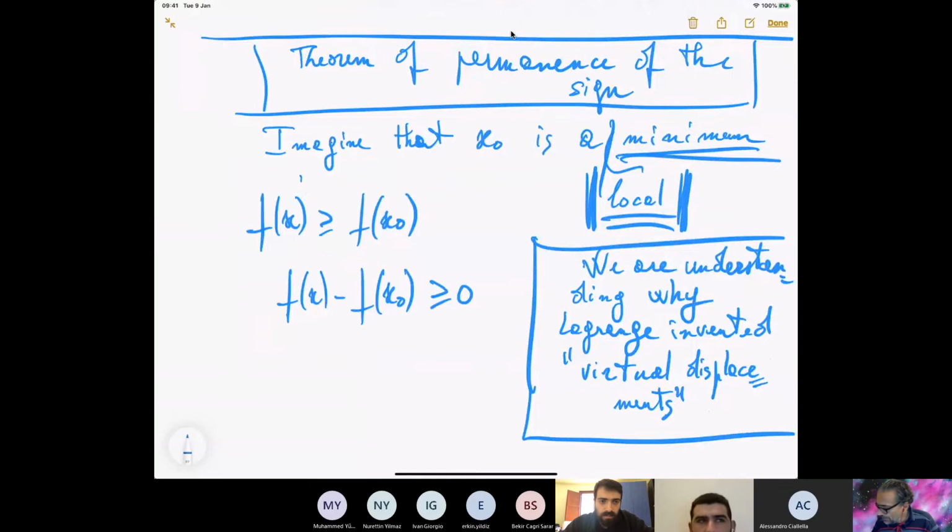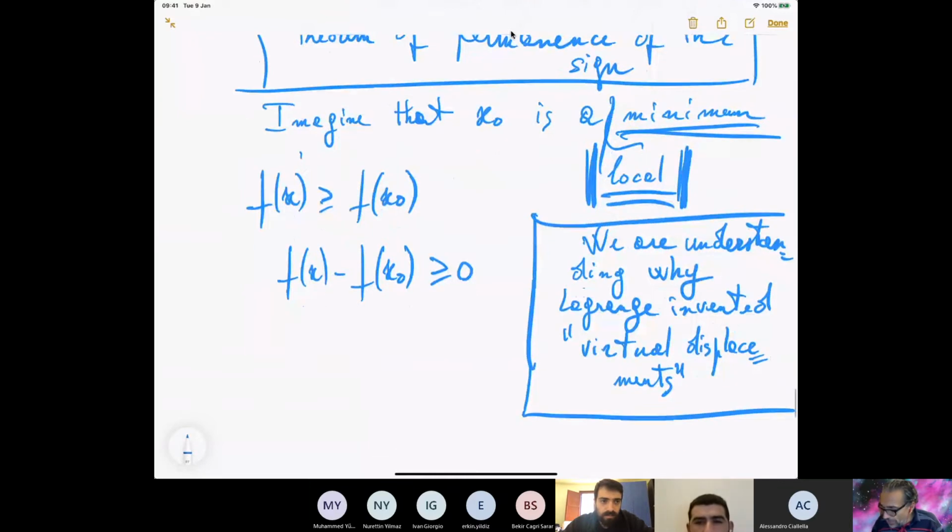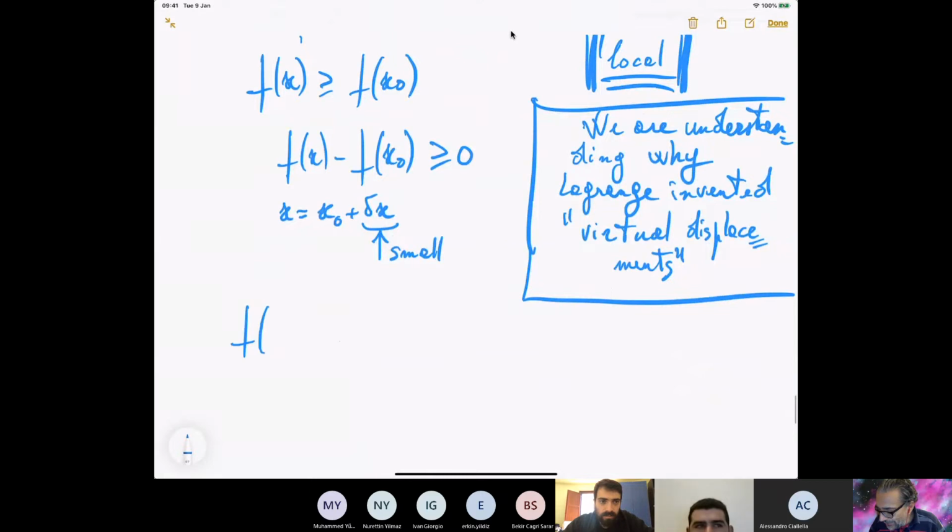Okay? So you write x like x0 plus delta x, where delta x is small. You write delta in front of the symbol of the variable you are varying a little bit. Okay? So you have that f of x0 plus delta x minus f of x0 is greater or equal than 0.